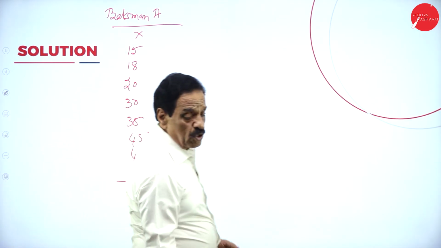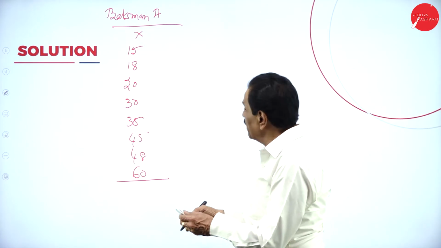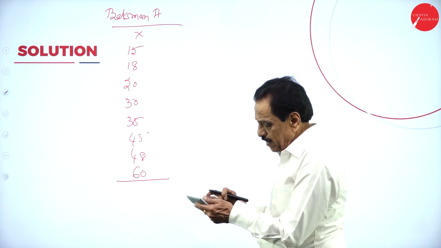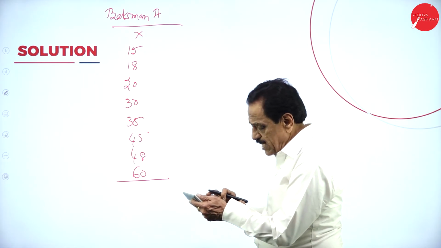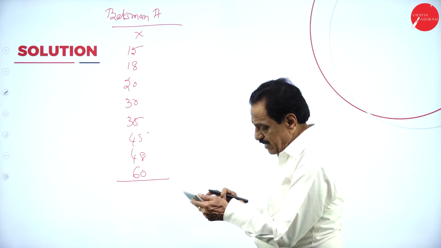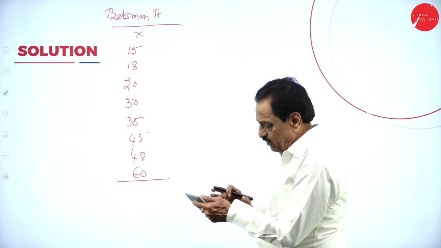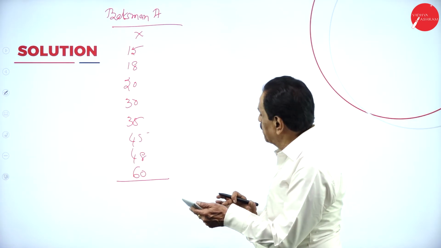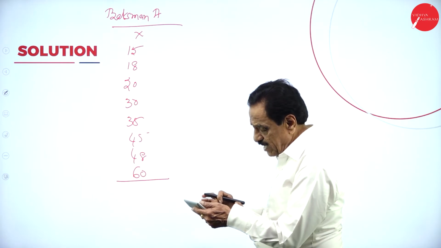What is the first step to do? We'll add the figures and find out the mean. 15 plus 18 plus 20 plus 30 plus 35 plus 45 plus 48 plus 60.